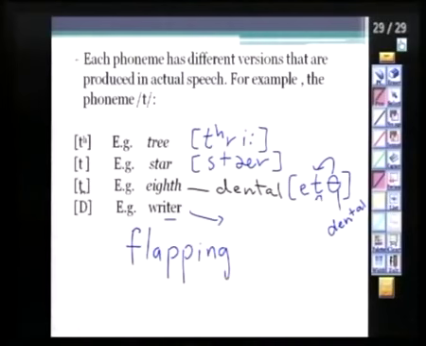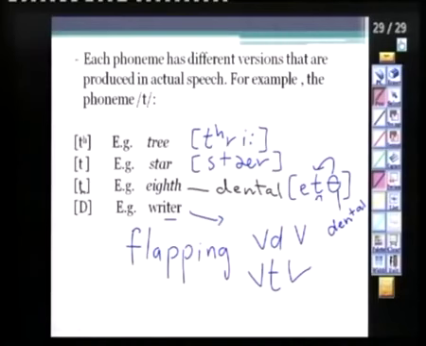So what is flapping? You can only find that in American English, okay? You have the sound /d/ or the sound /t/, and they are surrounded by vowels. So the sound /d/ and the sound /t/ should be between vowels. V stands for vowels, okay? So if you have a vowel, just like the word writer, remember spelling is not important, so we have to transcribe. Let's transcribe the word writer.